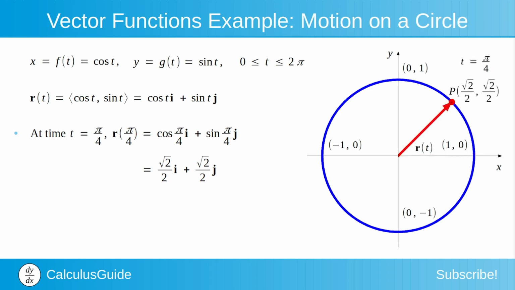This vector is now shown to the right. It's a position vector extending from the origin to the particle's position P at point the square root of 2 over 2, the square root of 2 over 2.